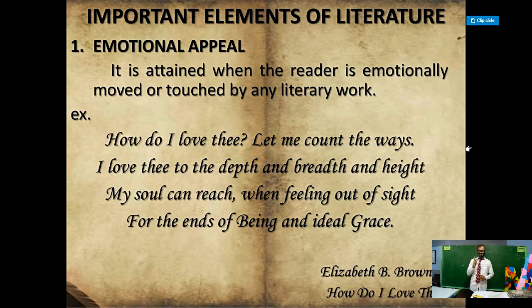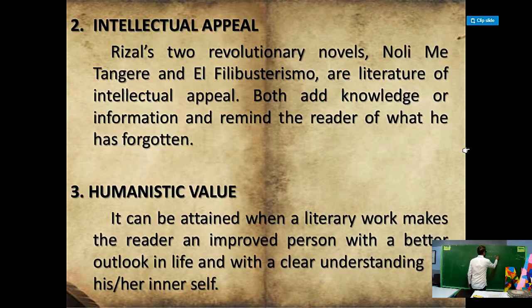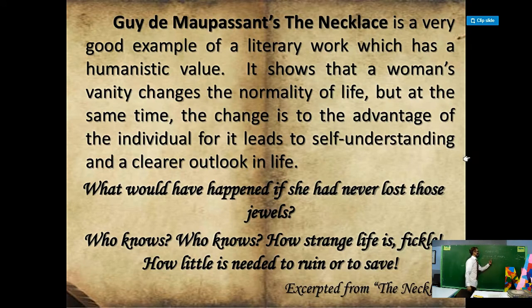What are the important elements of literature? Number one is emotional appeal. Number two, intellectual appeal. Number three, humanistic value. Forgive me, guys, I'm not reading the meaning of each word.